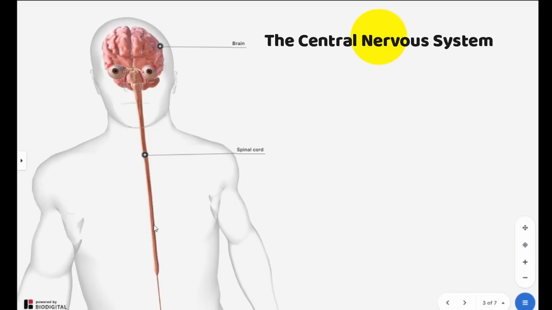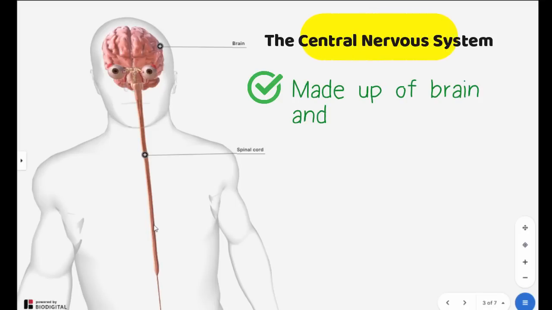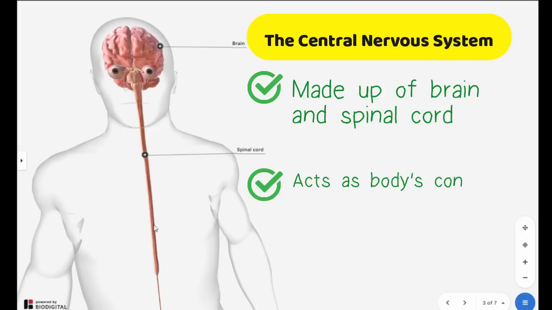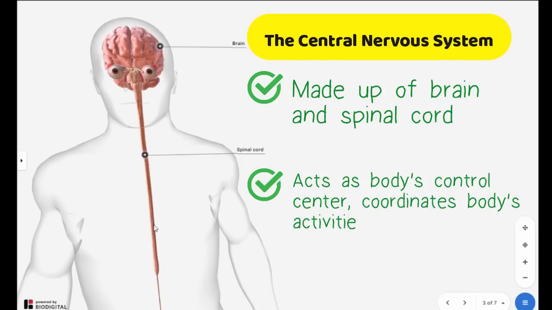So in short, the central nervous system is made up of two parts, the brain and the spinal cord. It acts as the body's control center and coordinates body activities.